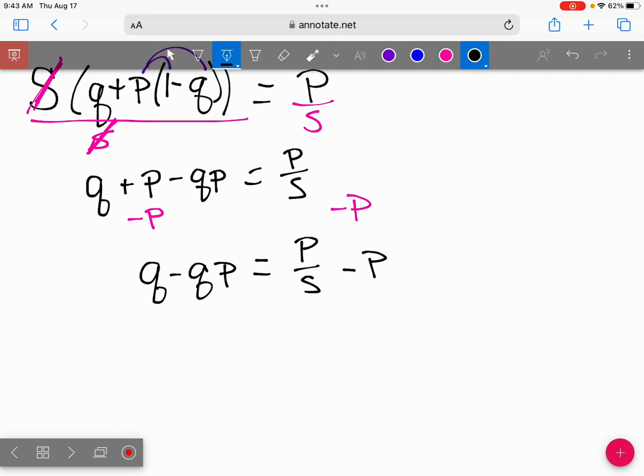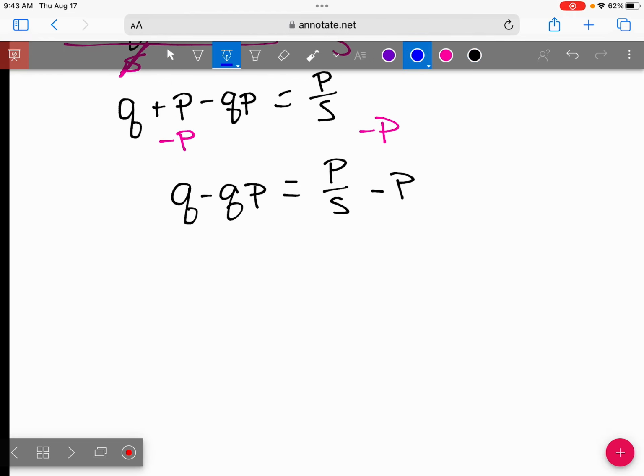Those two pieces have a GCF of Q. So we can rewrite that piece as Q times 1 minus P, equals P over S minus P.